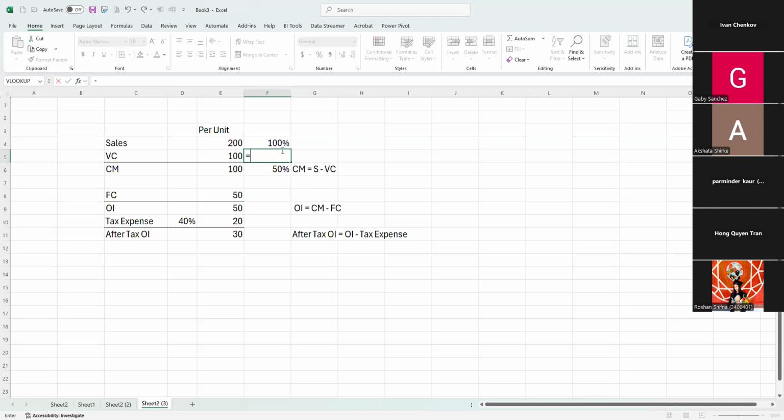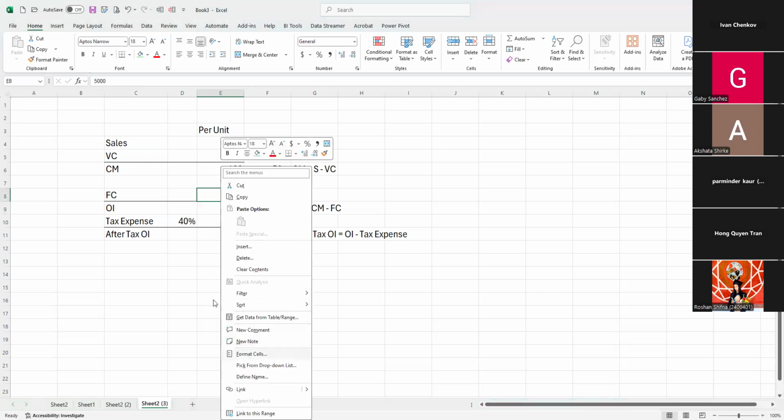Obviously 50%. Now let's play with this. We already know the tax percentage. And let's go with the fixed cost. My fixed cost is, let's say, let's get some big number here, $5,000. This is my structure of the current situation.